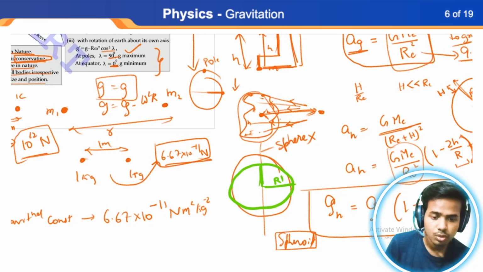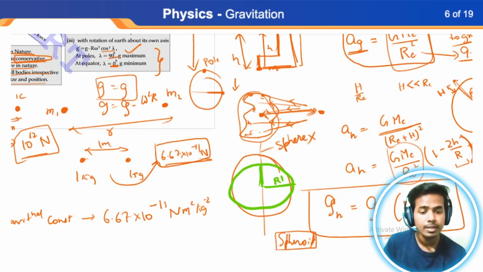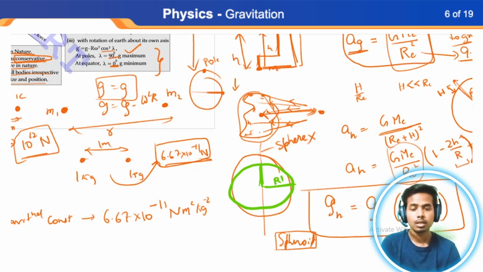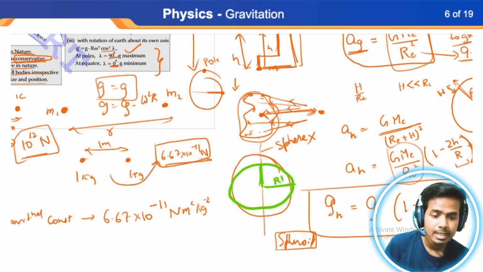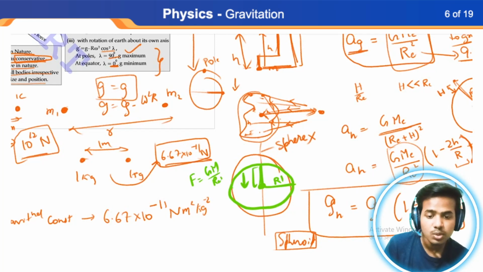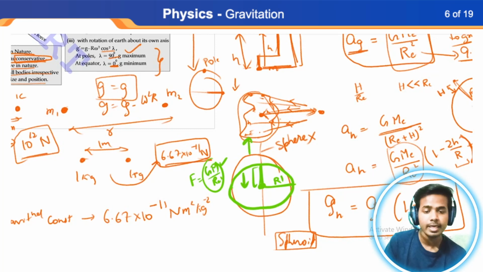All right, so that's another reason why we have higher gravitational force on the pole, because the distance from the center of the earth is smaller, and if you calculate the gravitational force, F is equal to GM by re square. If you decrease this while keeping the mass constant, the whole force will increase, right?